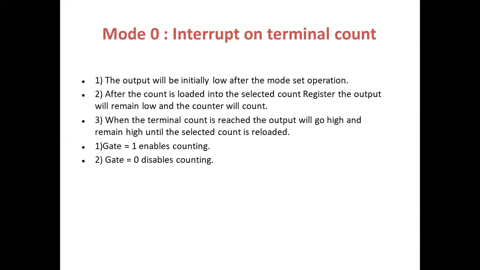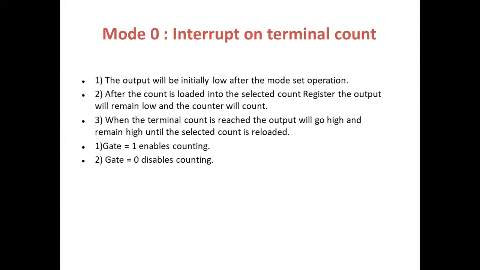Therefore, just after loading the count register, the counter starts to decrement. When counting is going on, the counter output terminal OUT remains low. As soon as the terminal count reaches 0, the output becomes high.